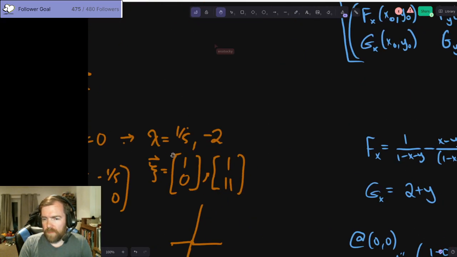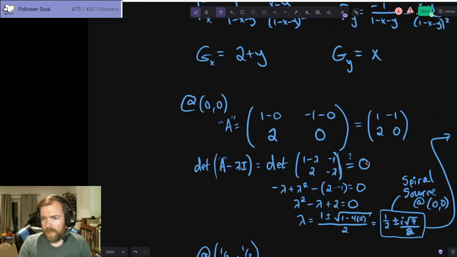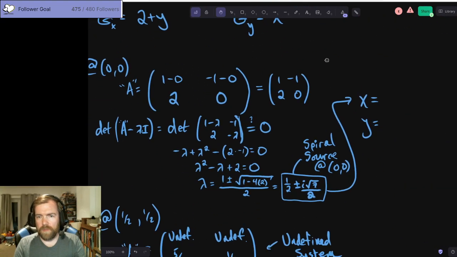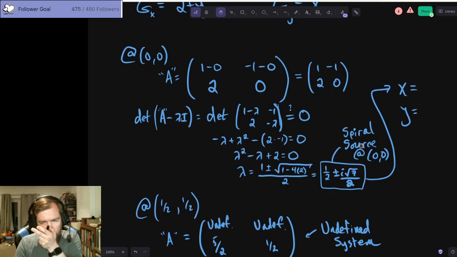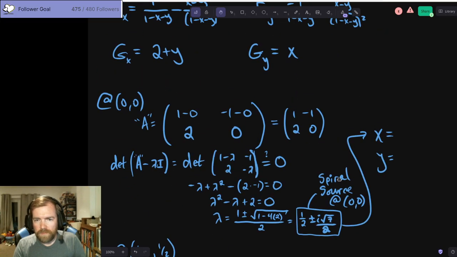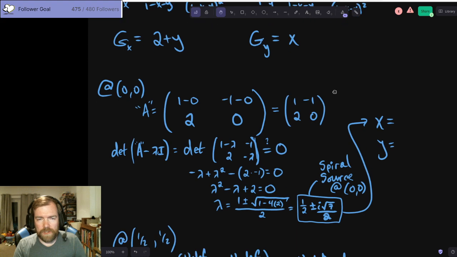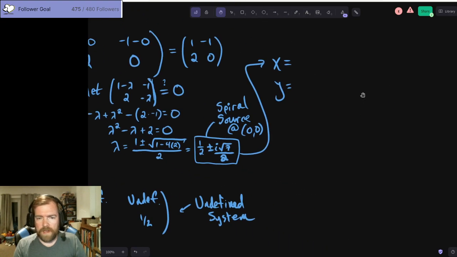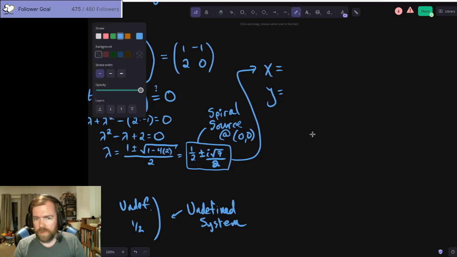Okay. So, right, we found at least a couple of places where we do have a good approximation to our system. With the eigenvalues 1/2 plus or minus i root 7 over 2, this is going to create the system for us.